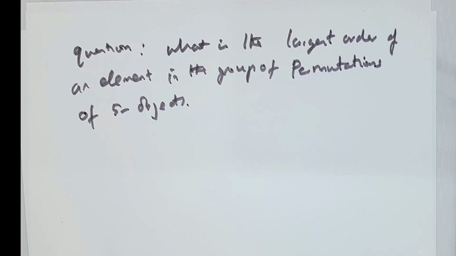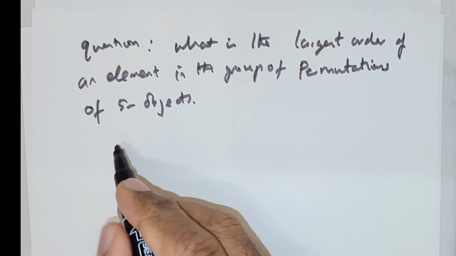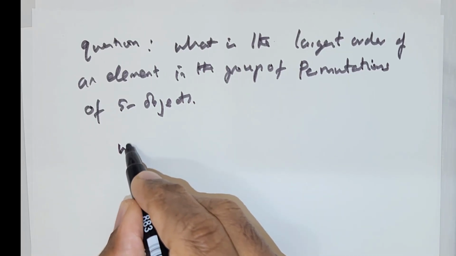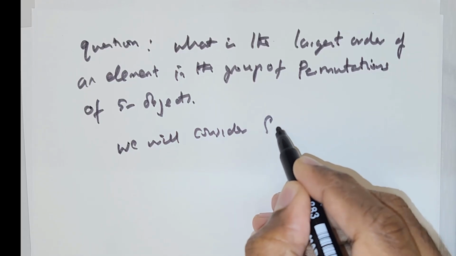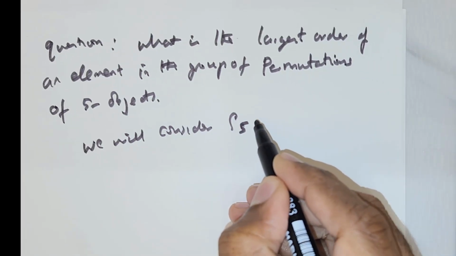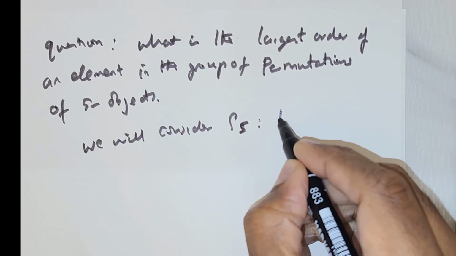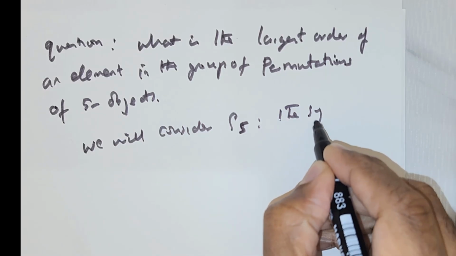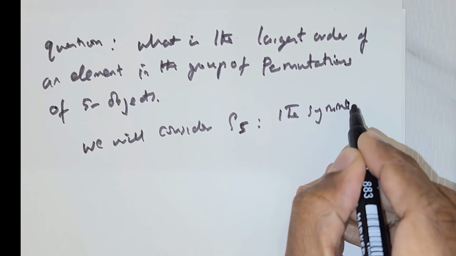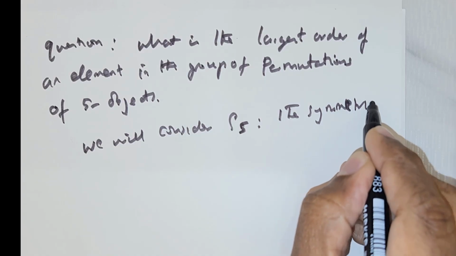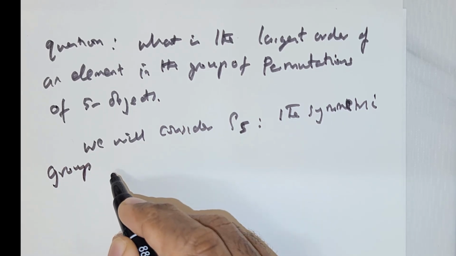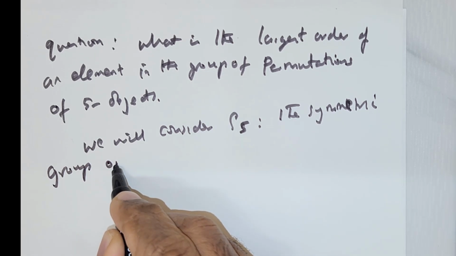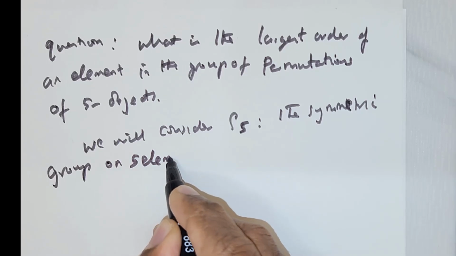Let us see how to get the correct solution when we come back. Now for this question we are going to be considering S5, which is nothing but the symmetric group on 5 elements.